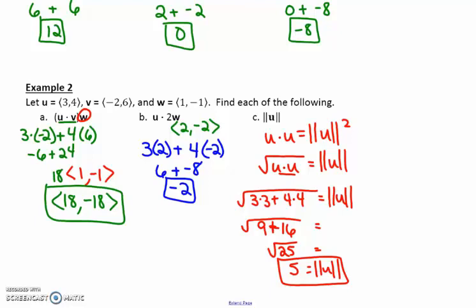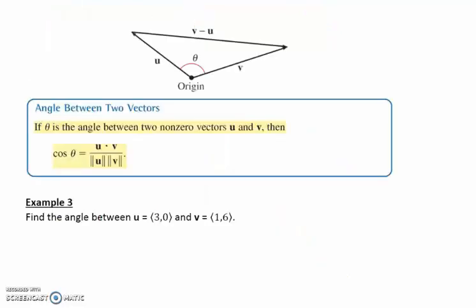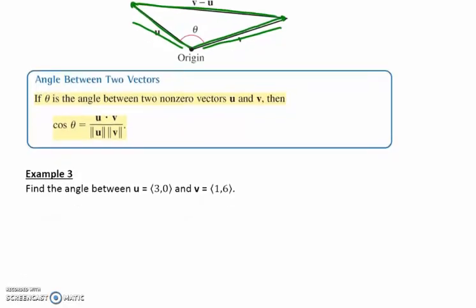All right, let's take a look at the angle between two vectors. When we want to find the angle between two vectors, we have these vectors going off in different directions. And so that opposite side is this vector minus the other vector that's going in the opposite direction.